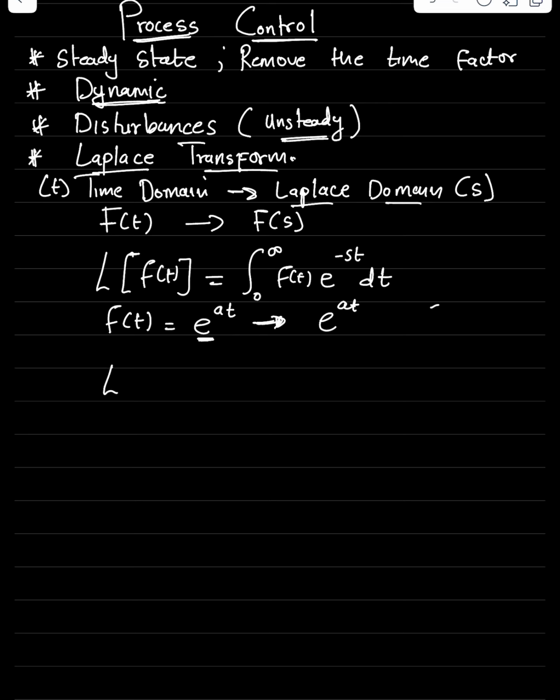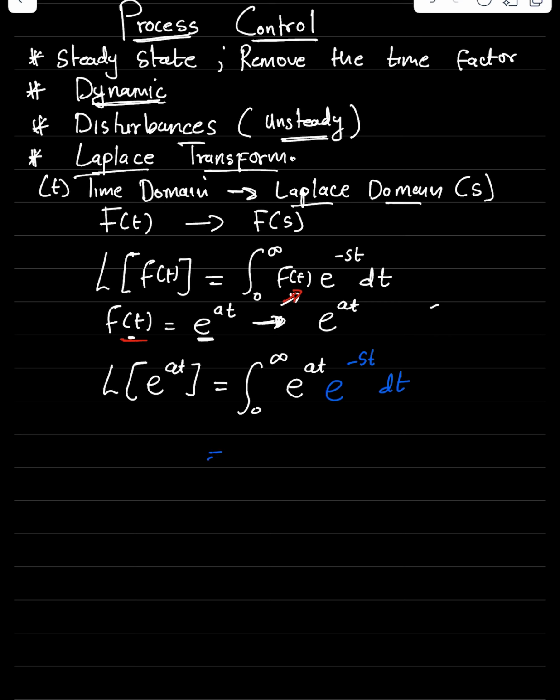The Laplace transform of e to the a t is equal to the integral from 0 to infinity of e to the a t. So basically I just substituted f of t there, and then you end up with e to the a t times e to the negative s t dt, right?